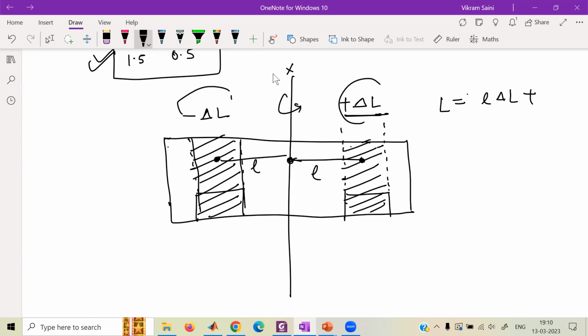It will not be plus here, but minus delta L into minus L, so ultimately it will be plus. Yes, sir, it will be twice delta L into L. Let's call it the moment, L.